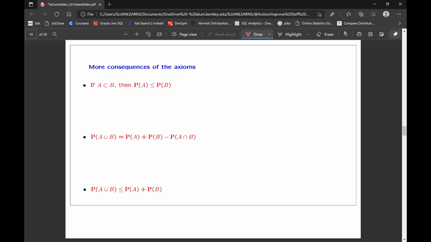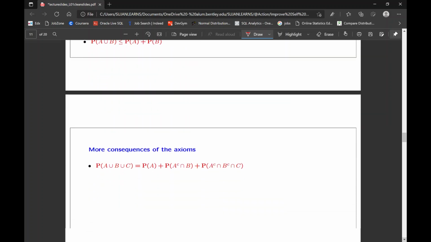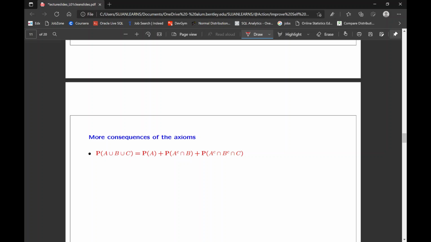It says that probability of A union B is less than or equal to probability of A plus probability of B. And the last one: we have three events which are not necessarily disjoint, and probability of A union B union C is equal to probability of A plus probability of B intersection A complement plus probability of C intersection A complement and B complement. So that's what we're going to talk about today.